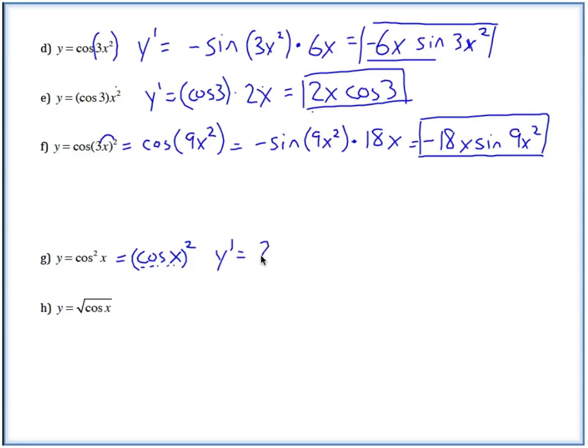So we're going to get 2 times cosine x to the first, and then times the derivative of cosine x, which is negative sine x. And we'll clean this up a little bit. We'll put the negative out in front with the 2, and then we're going to have cosine x times sine x.